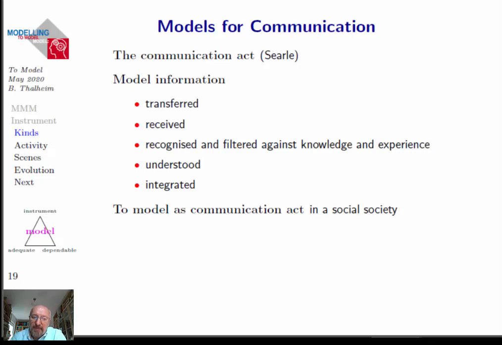Then a model provides some information that is transferred from the sender to the receiver, that is received by the receiver, that is recognized and filtered against the knowledge and experience of the receiver, that is understood by the receiver, and needless to say integrated into the body of knowledge and information the receiver has. That means a model can be understood as a communication act in a social society.